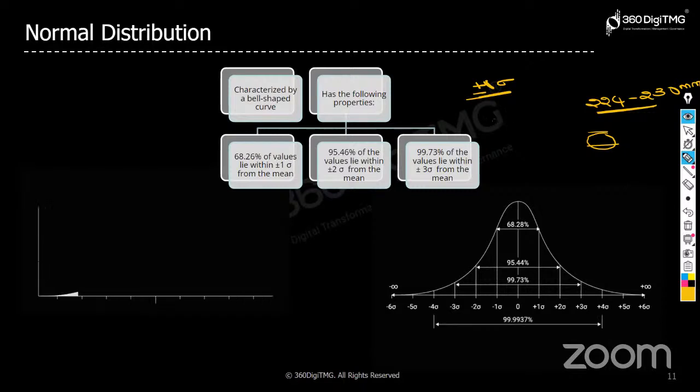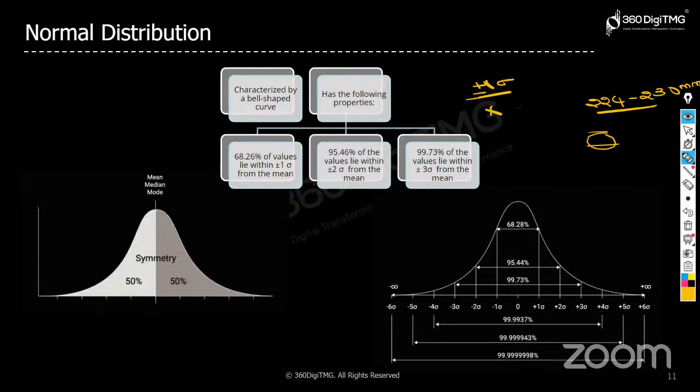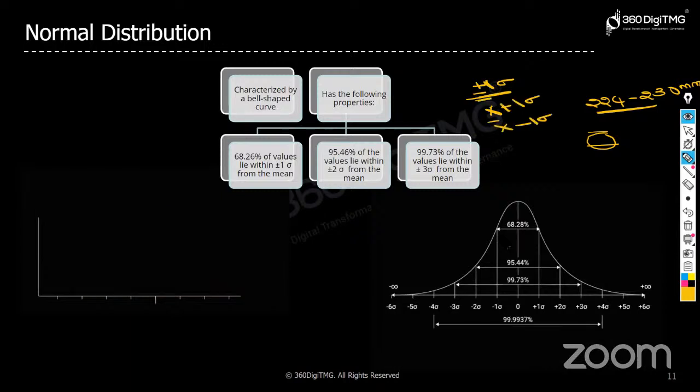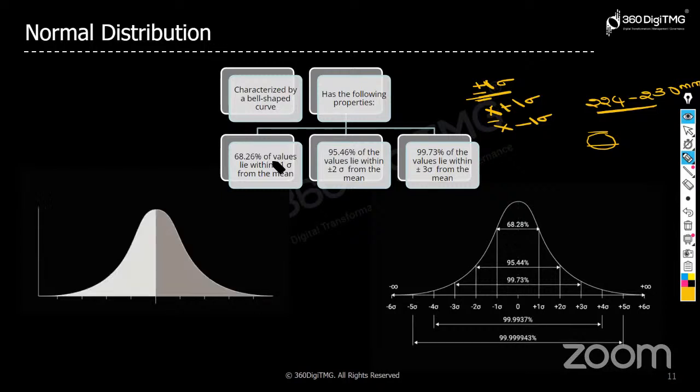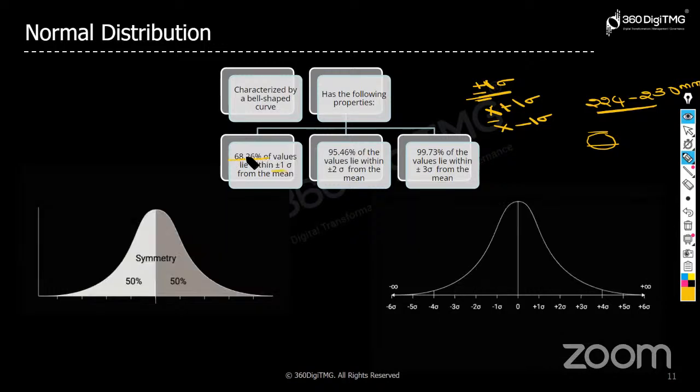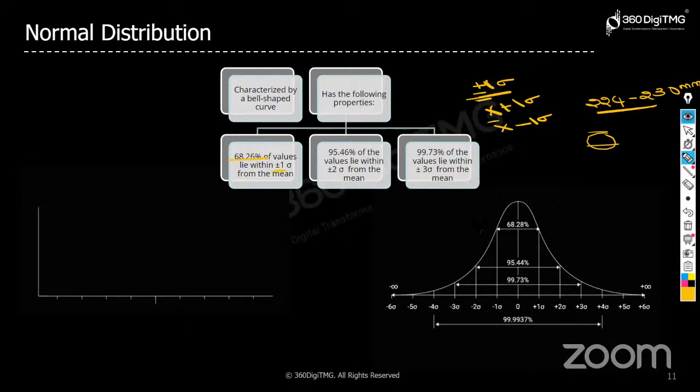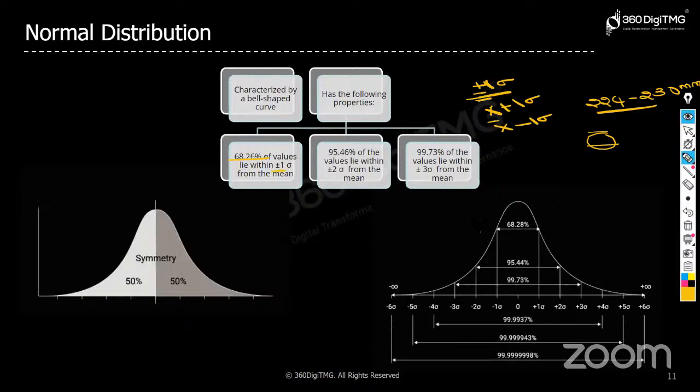That is x, which is mu, the mean, plus 1 standard deviation, and mu minus 1 standard deviation. So that is nothing but the area or the range which is satisfying the customer requirements. When we are having plus or minus 1 standard deviation, 68.26% of values are satisfying the customer requirements, which is in between 224 to 229.